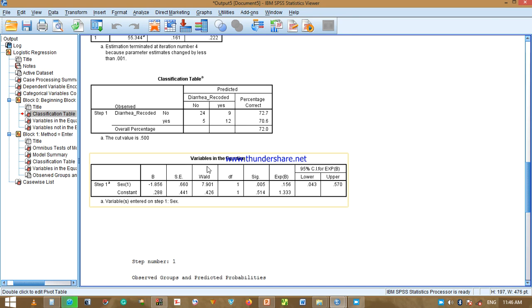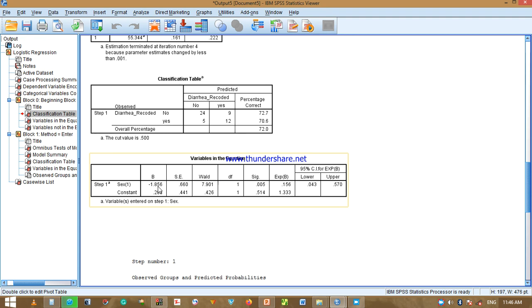We look at the last table, variables in the equation. You look at sex: the beta value is minus 1.8, the p-value is 0.005, and the exponent of beta is 0.156, as you can see. Now, beta is negative.